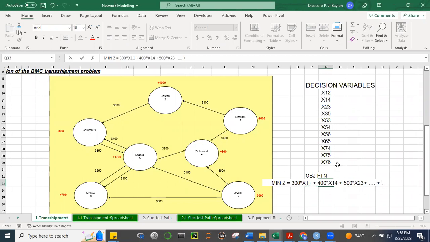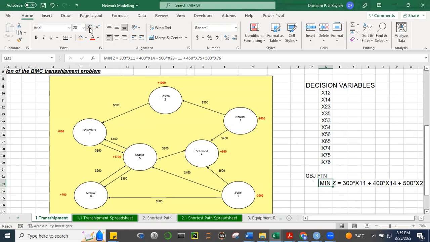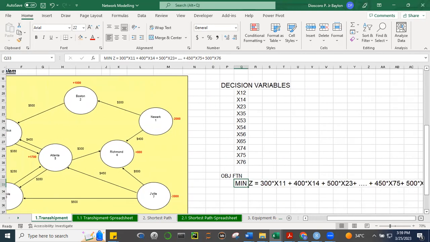The second to the last is x75, 450 times x75, and then lastly plus 500 times x76.